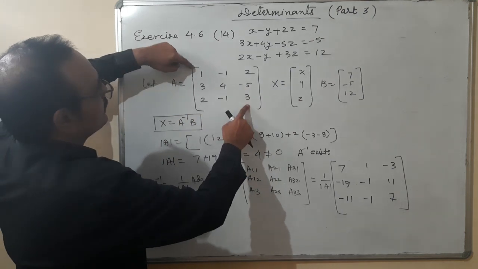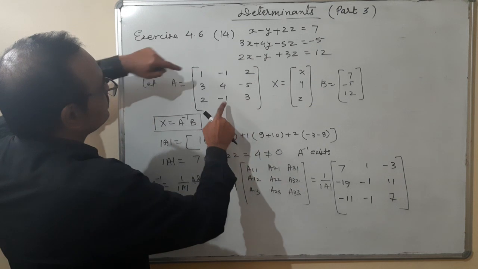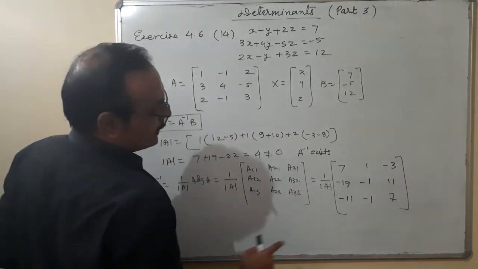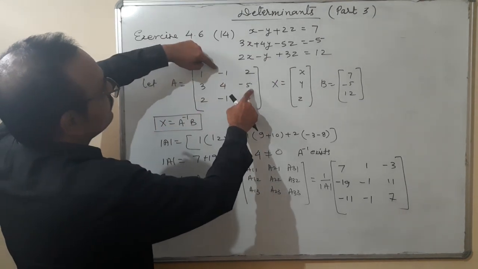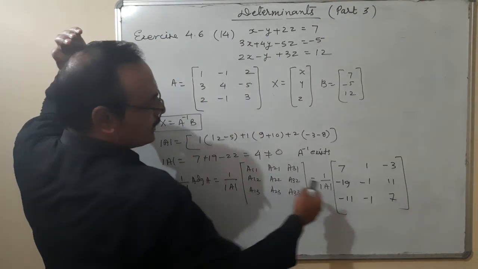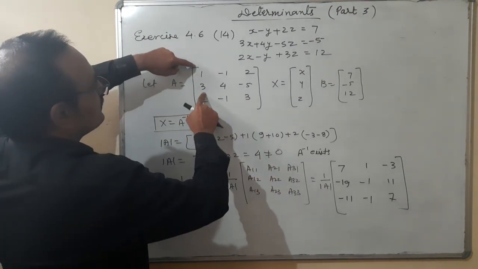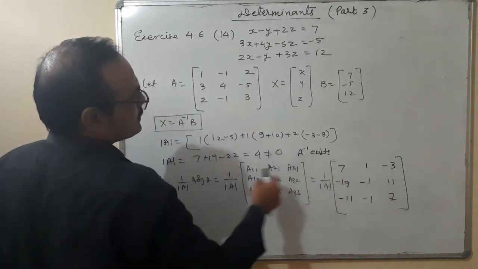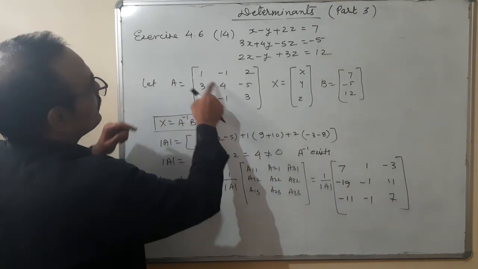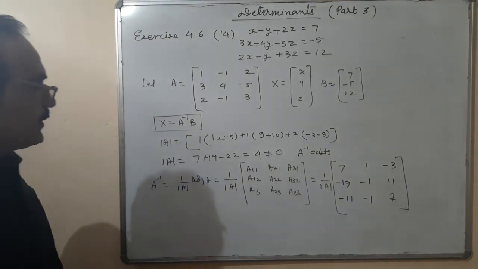Second row, second column: 3 minus 4, minus 1. Second row, third column: minus 1 plus 2, 1, that means minus 1. Third row, first column: 5 minus 8, minus 3. Third row, second column: minus 5 minus 6, minus 11, plus 11. And 3 3: 4 plus 3, 7. Correct.